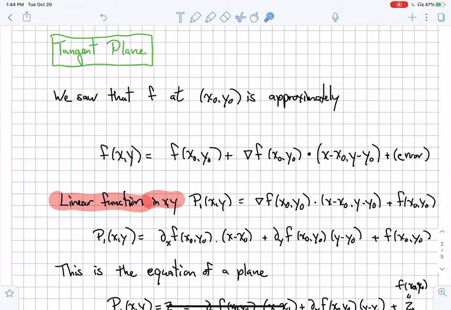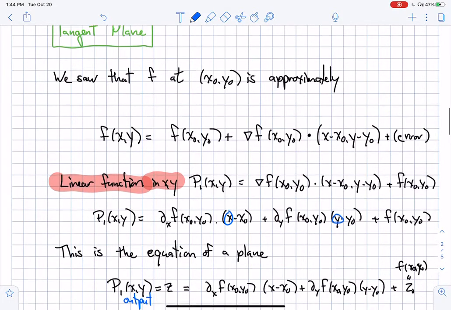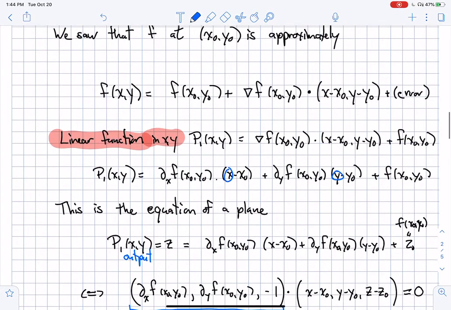Now this is the function of a plane, so I know that. Why? Because it's simply a linear function of x and y. Those are the only variables, okay? All the x0, y0 are a given point. We'll do examples, so they're just numbers. So it's a linear function of x and y, okay? So that should give me a plane, okay?